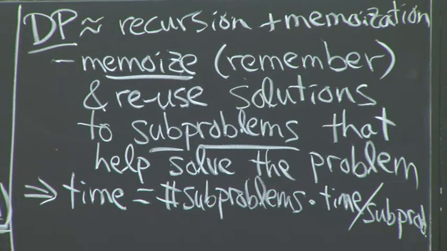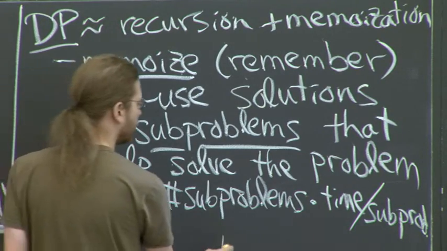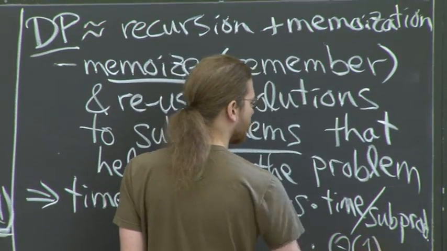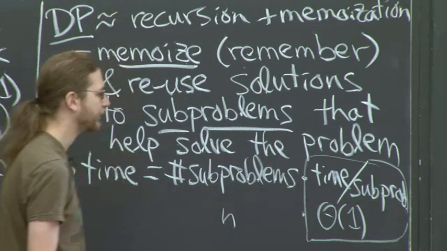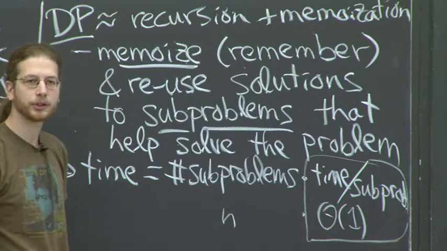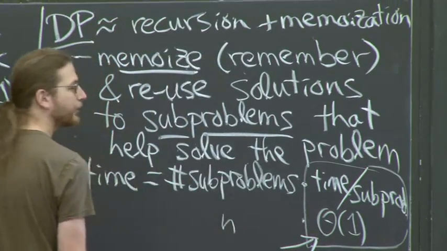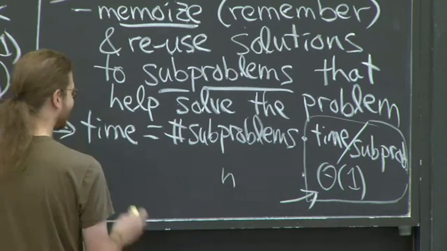Okay, in this situation, we had n subproblems. And for each of them, we spent constant time. And when I measure the time per subproblem, which in the Fibonacci case I claim is constant, I ignore recursive calls. That's the key. We don't have to solve recurrences with dynamic programming. Yay! No recurrences necessary.